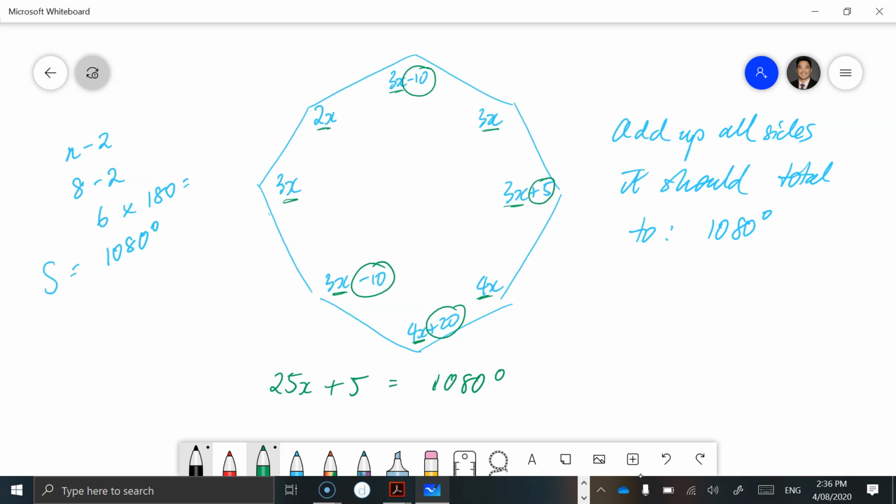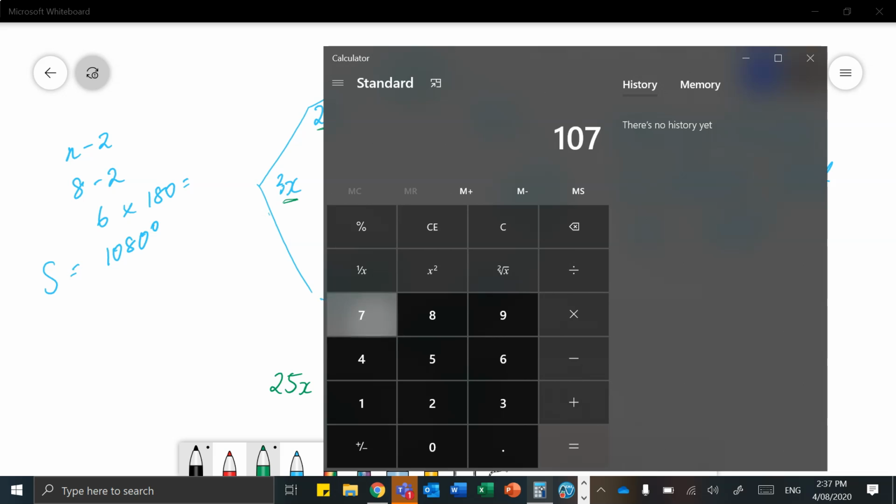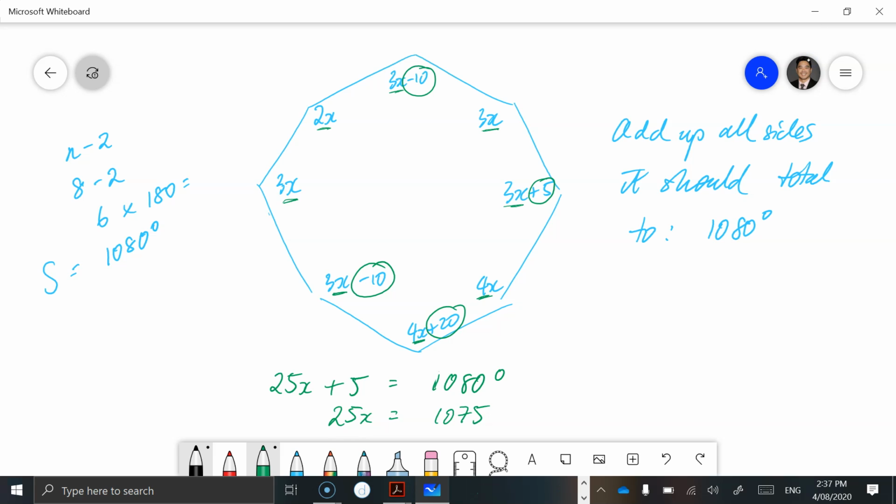Using your knowledge of linear equations and solving for x, we take 5 from both sides, so that makes it 1075, and then divide both sides by 25. So 1075 divided by 25 is equal to 43. So x is equal to 43 degrees.